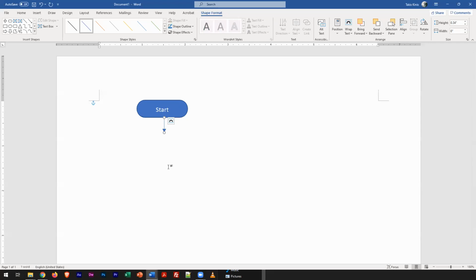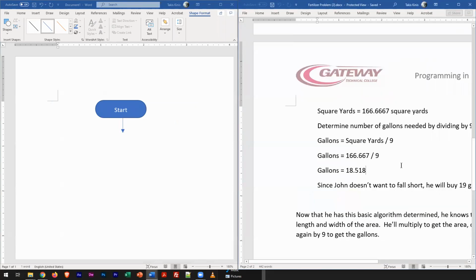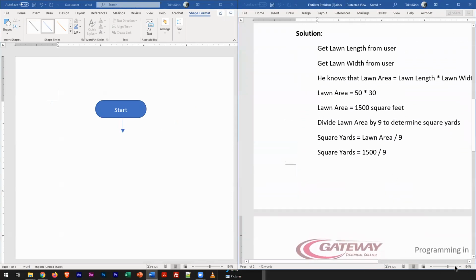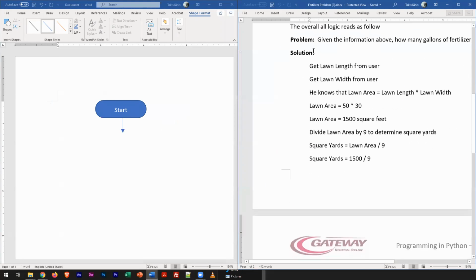Just for the record. Now I'm going to split screen myself here a little bit, just so we can look at the pseudocode version of this and the actual document at the same time. The first thing I see here is we need to get the lawn length and the width from the user. If you remember your shapes from the unit folder, the parallelogram, a rectangle with the sides tilted on an angle, are the user input and output boxes.